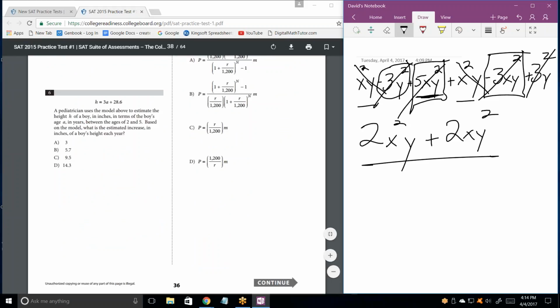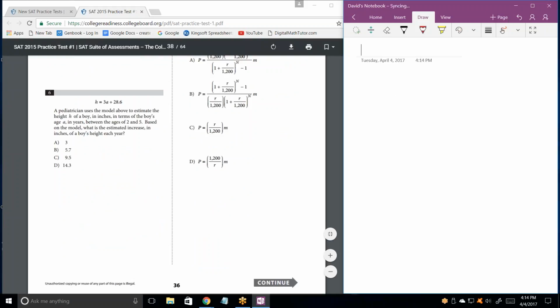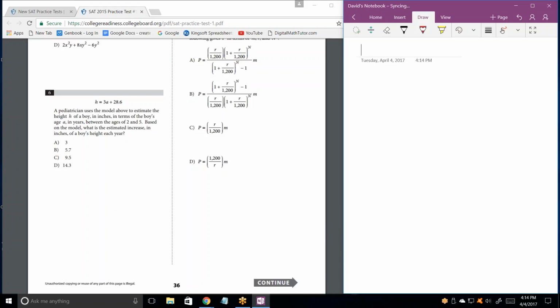Number 6. What is the estimating percentage of what's like each year? 3A.